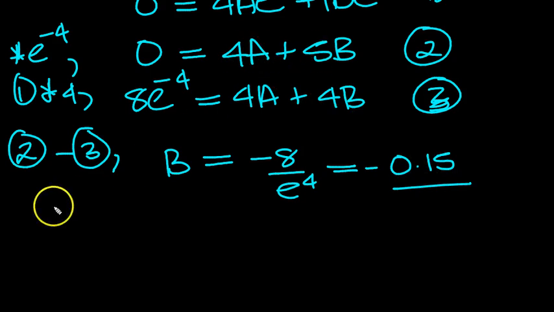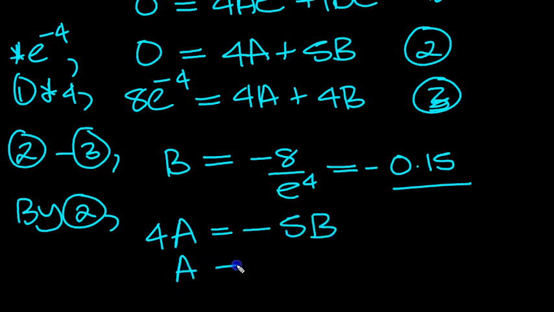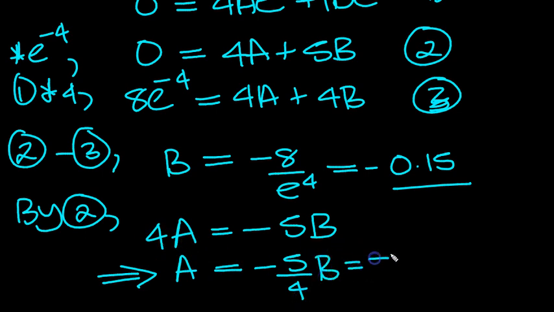So now we can use 2. 4a equals, move that 5b over to be with the naught and it becomes minus 5b. So a equals minus 5 over 4, move the 4 from times to divide, times b, which is minus 5 over 4 times the minus 0.15, so that'll make that a plus.